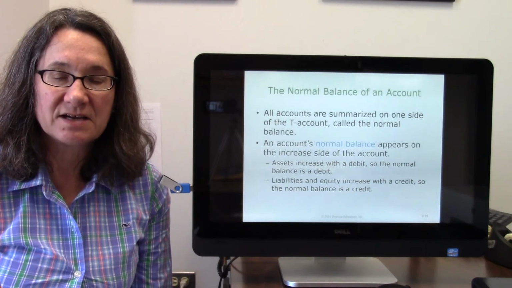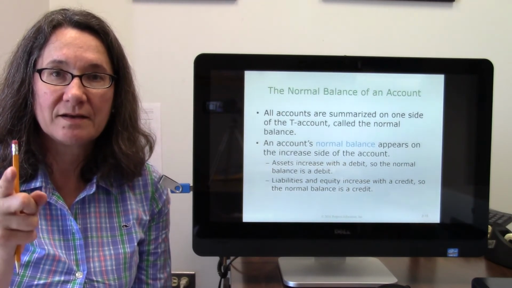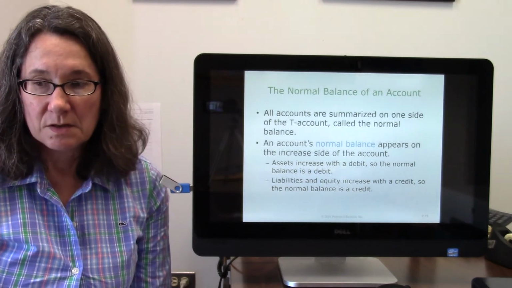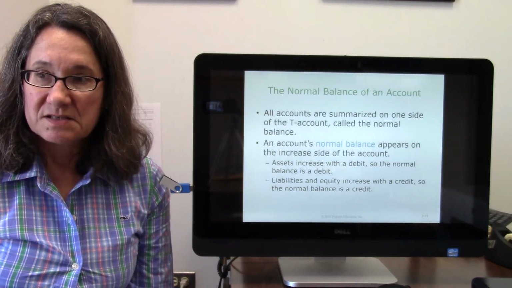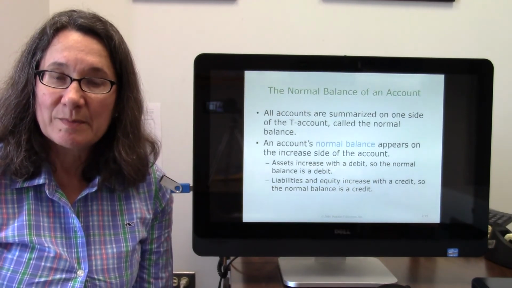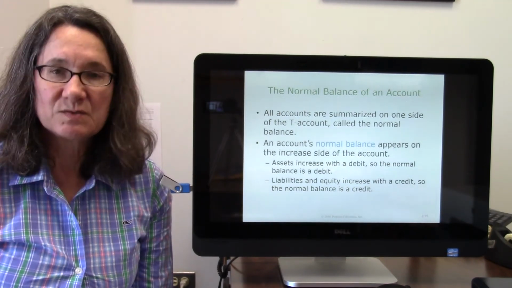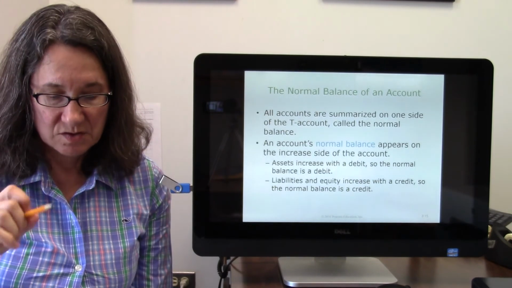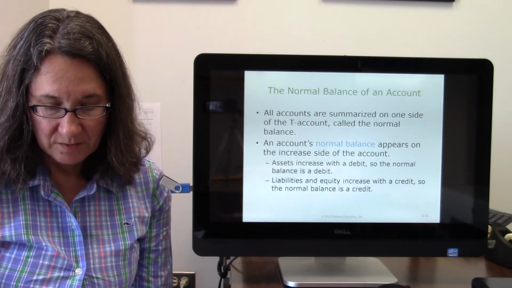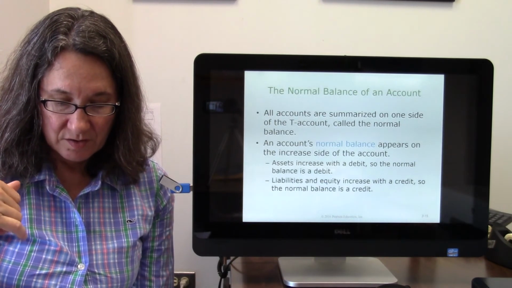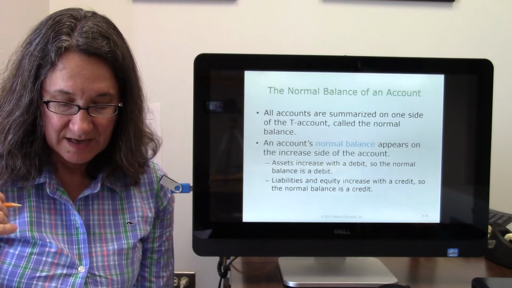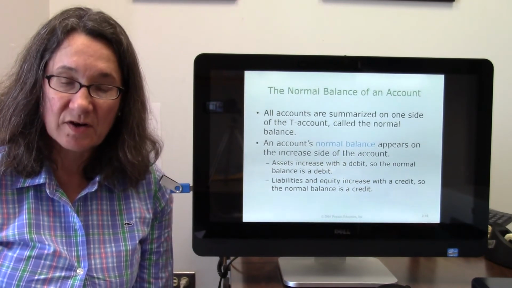So if you have cash, cash increases with what? Debits, right? It's an asset. Assets increase with debits. So that means that for any asset, the normal balance should be a debit balance. Same thing with anything else that increases with debits, which are dividends and expenses. Now, revenues, liabilities, and equity increase with a credit.